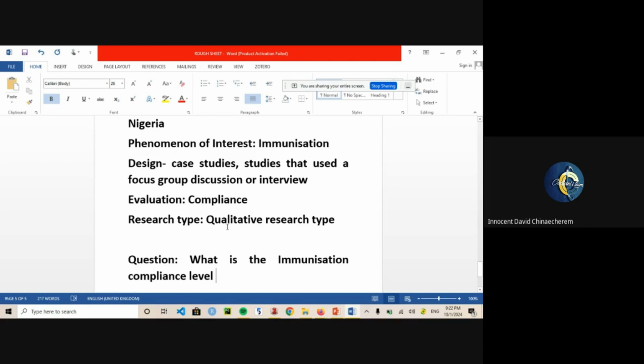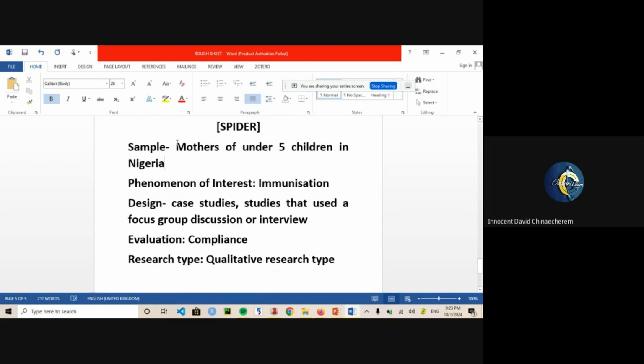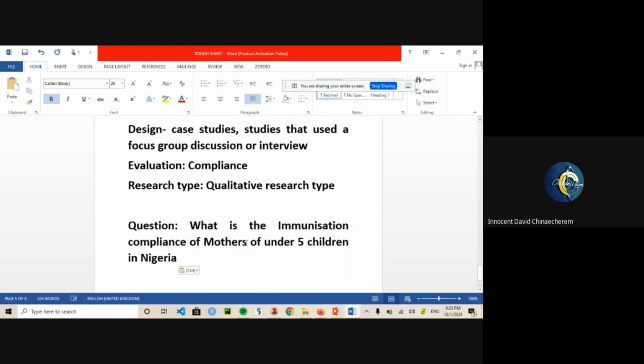We'll say compliance level here because this seems quantitative, or we can say what is the immunization compliance of mothers of under 5 children in Nigeria. So this is a simple question, right? This doesn't necessarily need to be in the question.